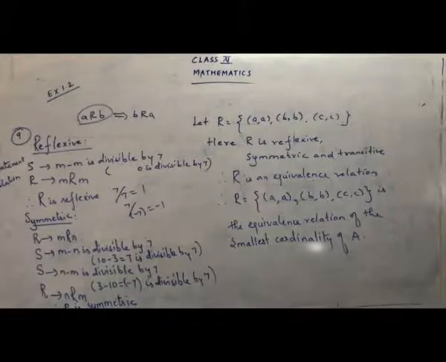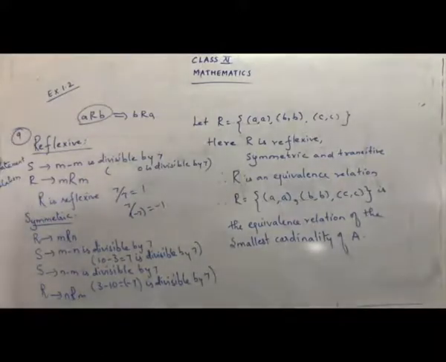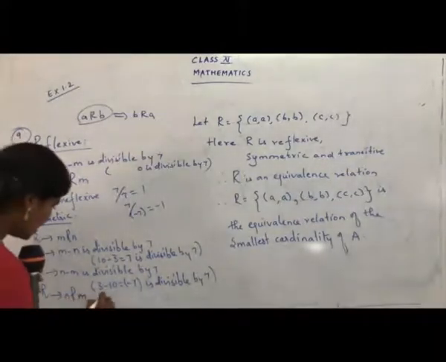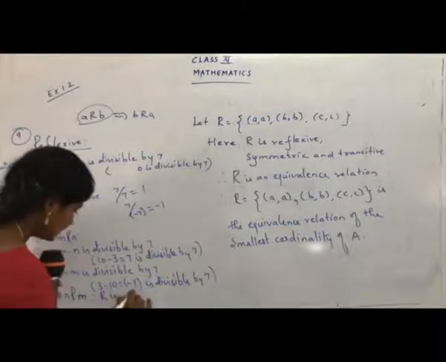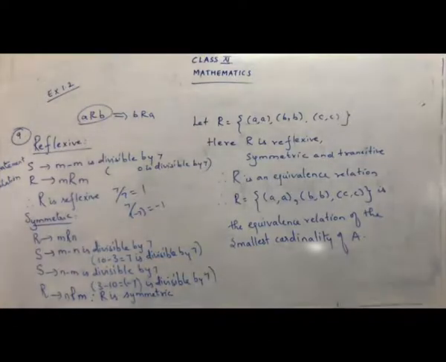Okay, now let's go for the third part, the transitive part. I'll just write it. I hope you are able to see, children, yes? So R is symmetric. Give the heading transitive.